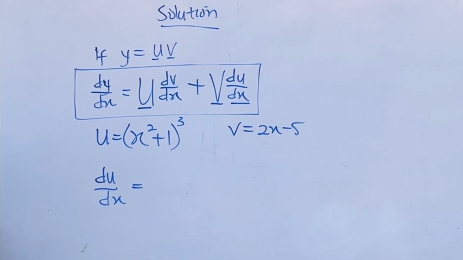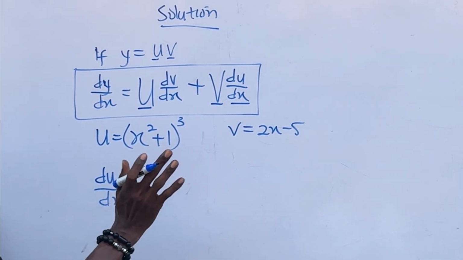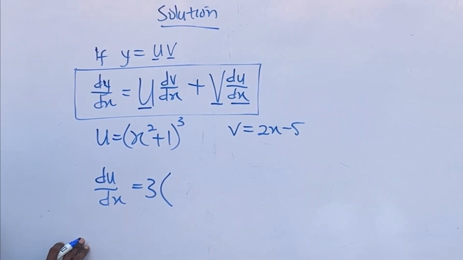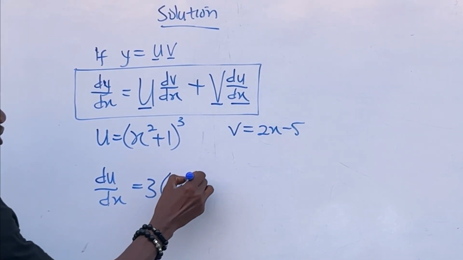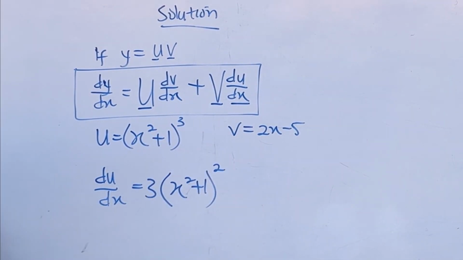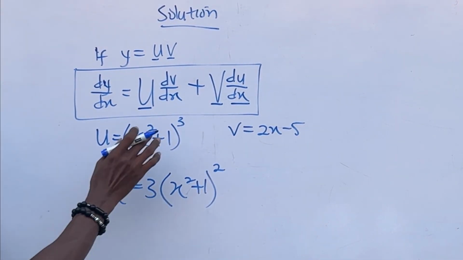I won't represent the chain rule with the formula. So this will give us 3 multiplied by (x squared plus 1), and 3 minus 1 is 2. So that's how we differentiate.